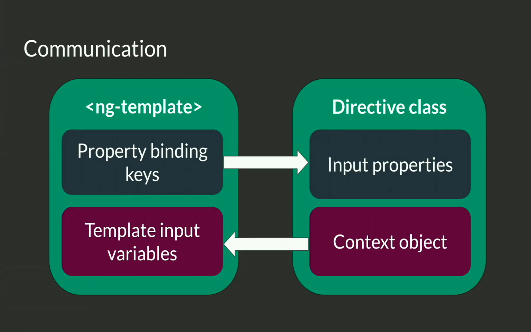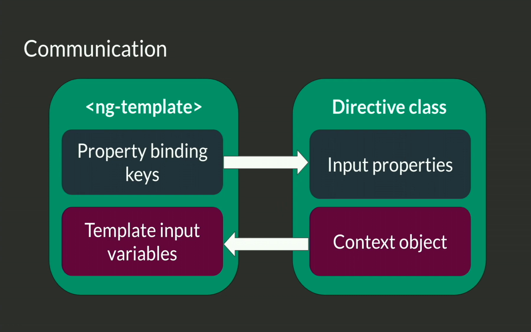Before we look at the steps, though, the most important thing that I want to highlight is that the parts involved are TemplateRef, ViewContainerRef, and the directive class. And there is communication between the ng-template and the directive class.